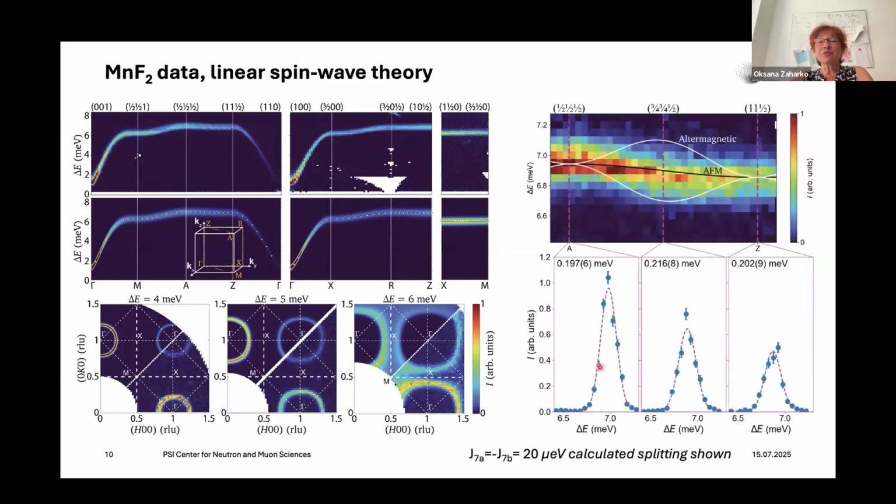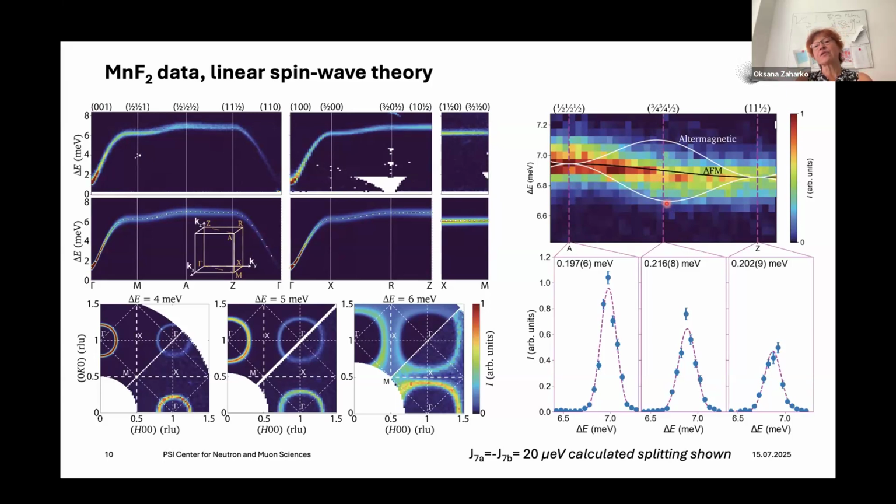And that's the cut which I was talking about, which might be important. So this is the A point, and this is the M point. And you see that's how altermagnetic splitting should look like, the white line. And this is the splitting when the difference between J7A and J7B, these two diagonals, would be 20 microelectron volt.